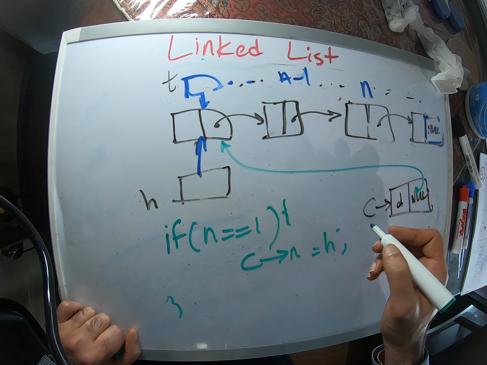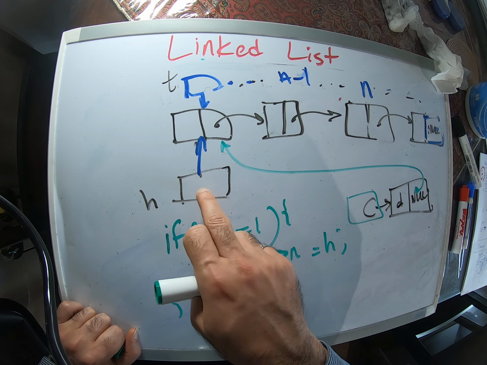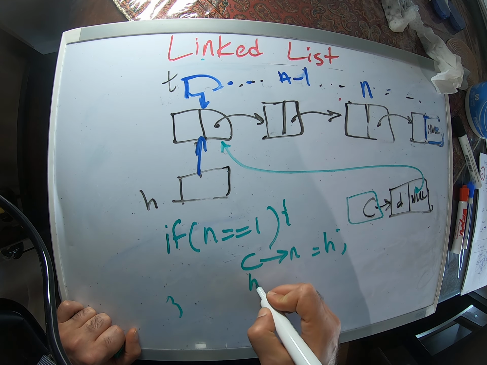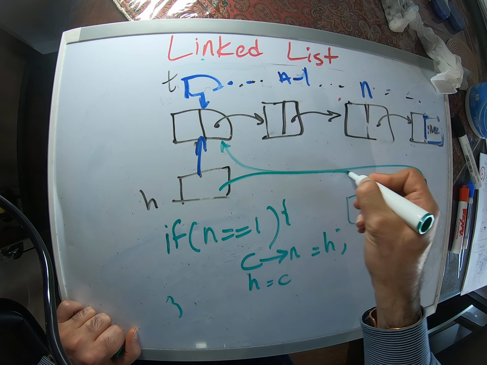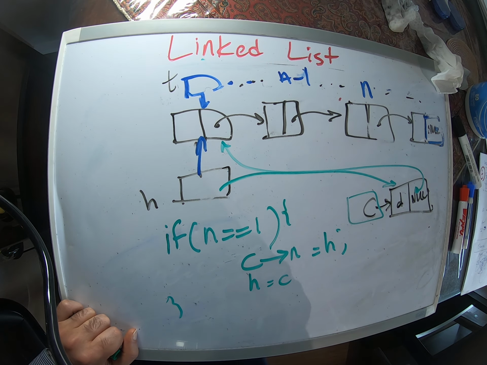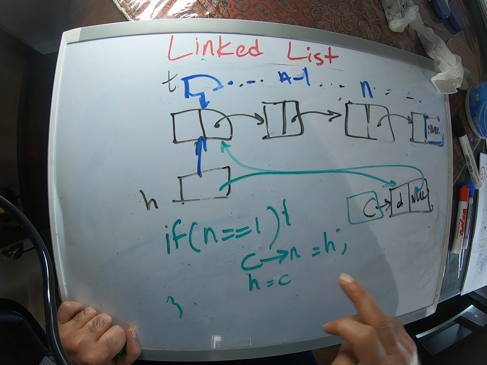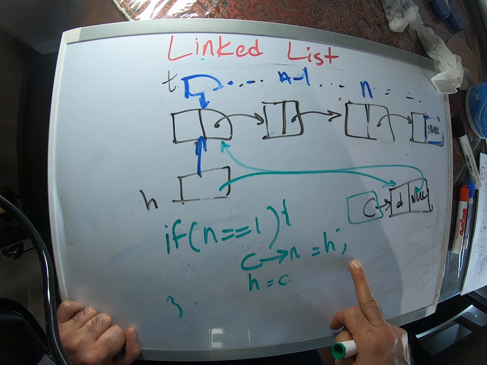And now our head is going to change. Head is equal to c. That's what happens here if n is equal to 1.